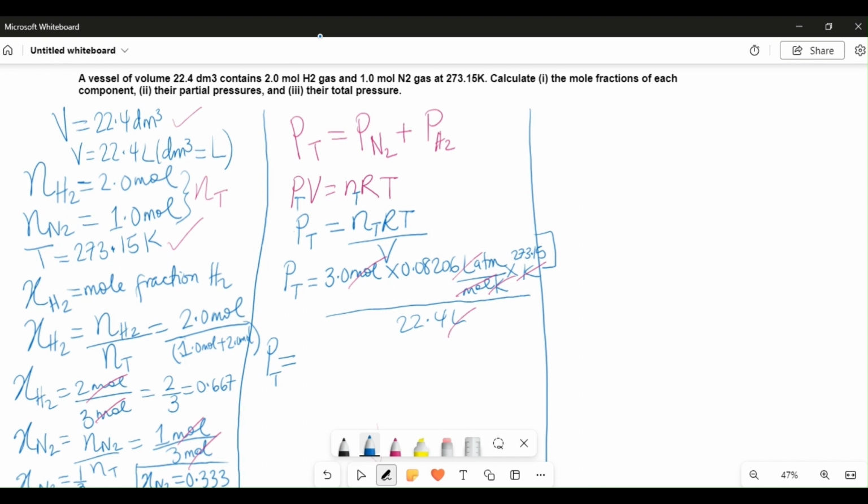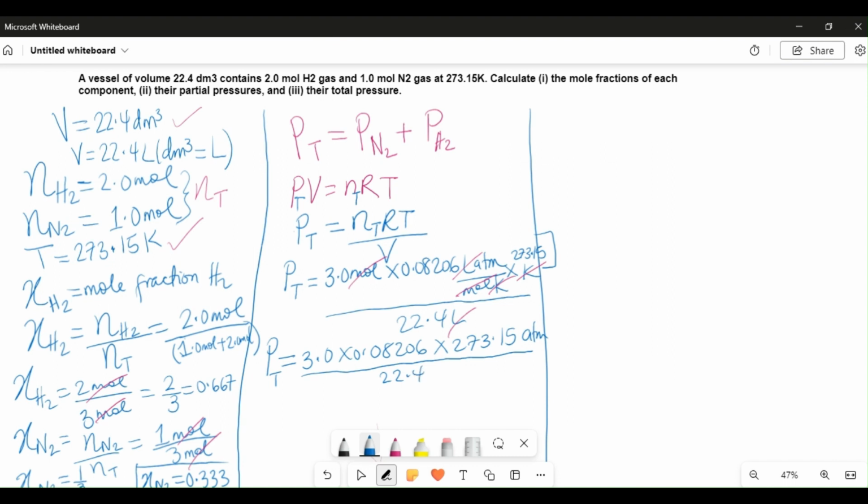So P total is just going to be 3.0 times 0.08206 times 273.15. Remember atmosphere, since that's the only unit that remains, divided by 22.4.